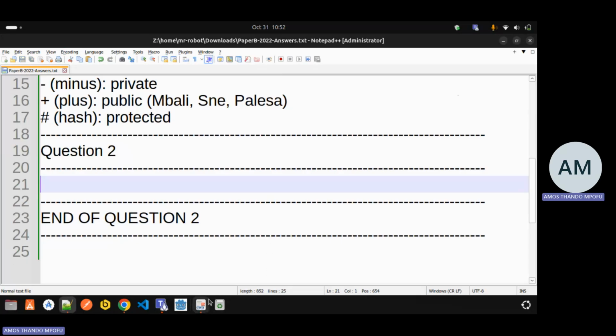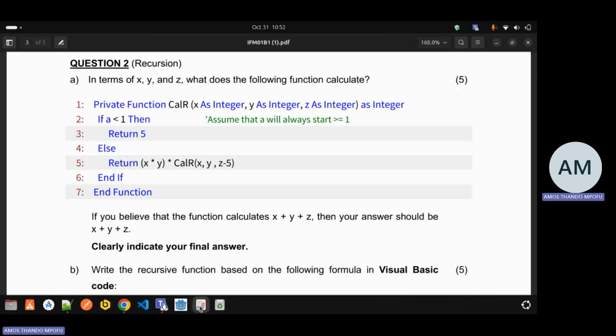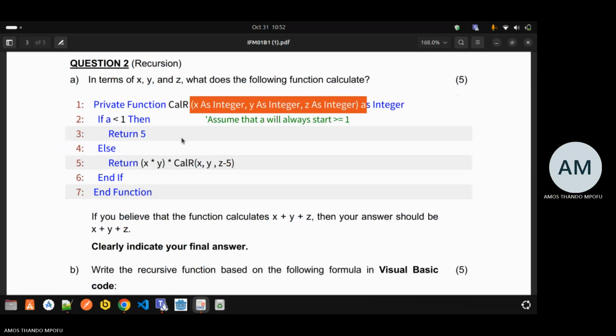So let's start with solving this question. So we'll start with A. So A is 5 marks. So in terms of X, Y, and Z, what does the following function calculate? So you're looking at in terms of X and Y and Z, and you remember in high school when you had numbers, a sequence, and you had to find a general term.